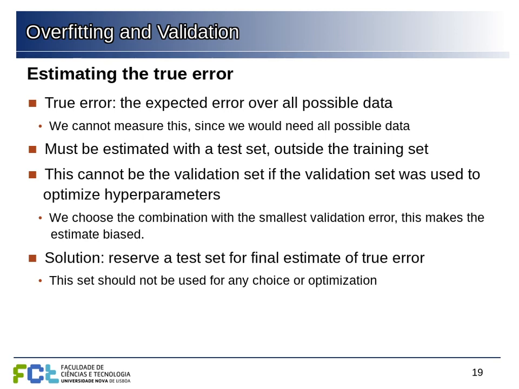So basically the true error will be the expected error over all possible data, and this is something that we cannot measure because generally we don't have all possible data labeled in order to measure the error. But we can estimate this with a set of examples outside the training set, as long as they were never used to decide and to optimize the network. And this is an important thing.